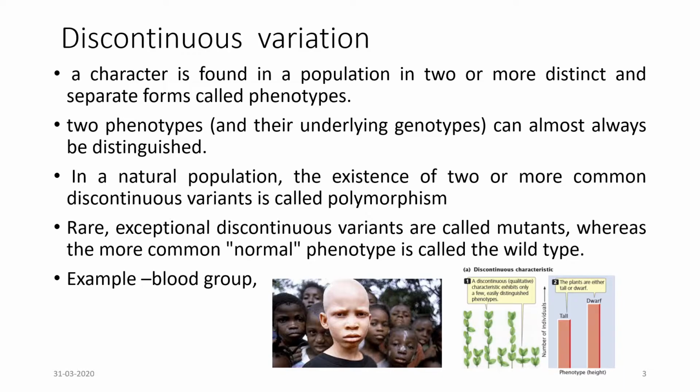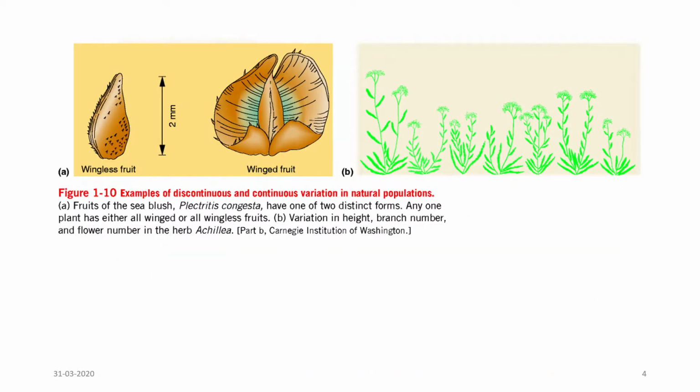Examples of discontinuous variation are the blood groups, the skin pigmentation, the albino occurrence, or the tall and short genotypes of pea plant. A few more examples are the seed being winged or non-winged, or the fruit. That is very clear, whether the fruit is winged or non-winged, which helps in dispersal.